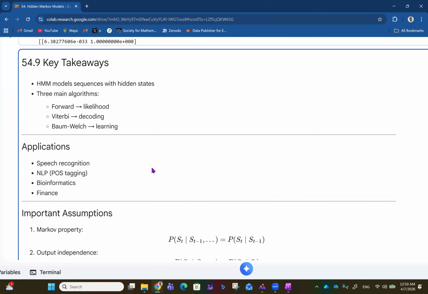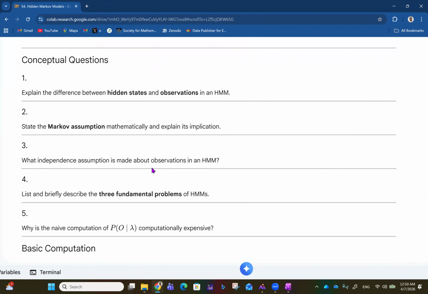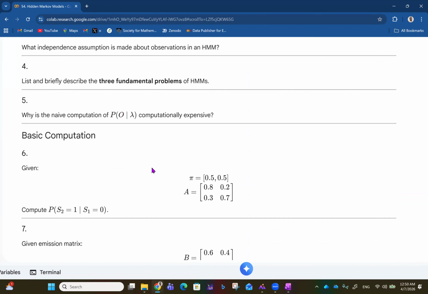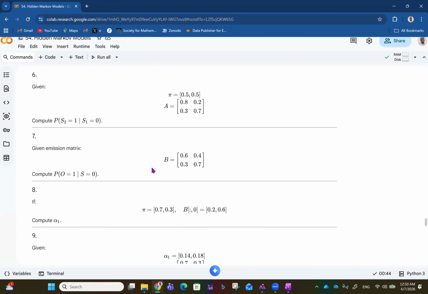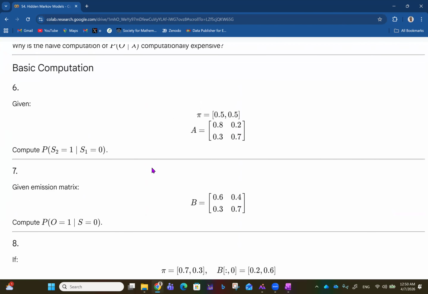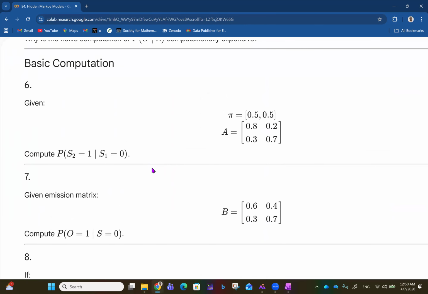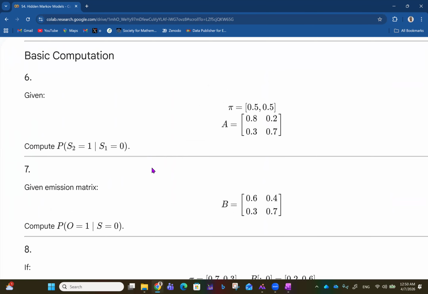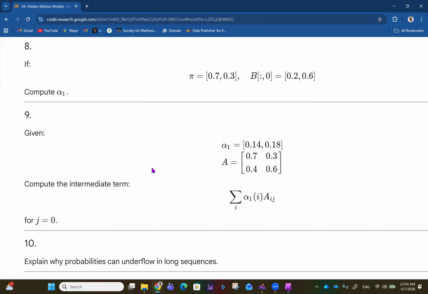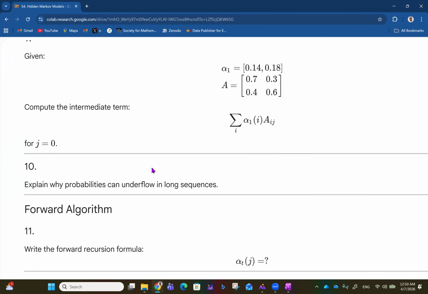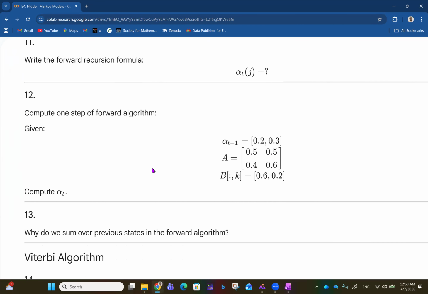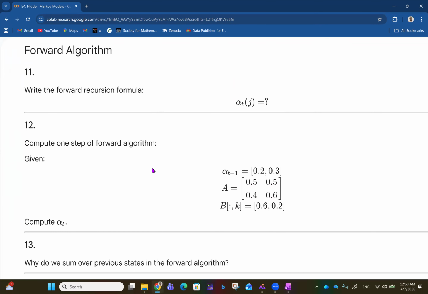So let me flash the questions from the beginning again. Here we have conceptual questions 1 to 5. For basic computation, I can show them in twos or so because they are a bit long. So you have basic computation 6 and 7, then you have 8, 9, and 10, then you have 11 to 13 for forward algorithm.